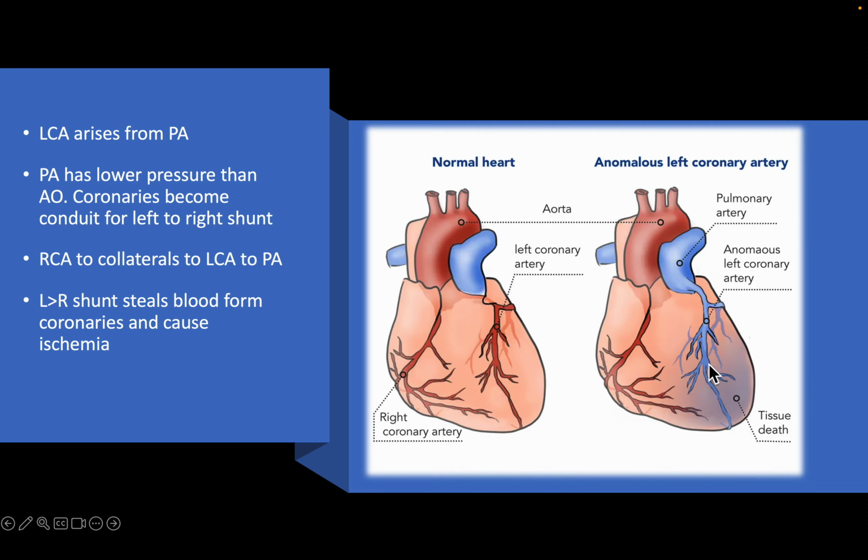The collaterals develop between the left and right coronary arteries, and then the blood goes from the aorta to the right coronary artery, through the collaterals, into the left coronary artery and to the pulmonary artery, and depending upon the size of the collaterals it could be a small or a large left to right shunt.